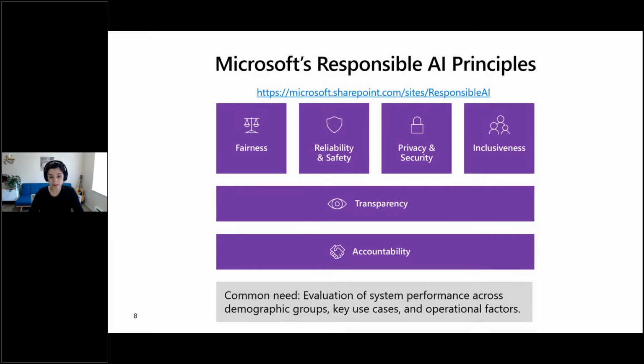One very practical need that comes up is the need to first evaluate system performance across different demographic groups, key use cases, and operational factors. Similarly to when we build a bridge or another software system that is not machine learning oriented, or anything that has to do with innovation, we would like to test this product and be able to tell customers and users when the model works and when it doesn't.